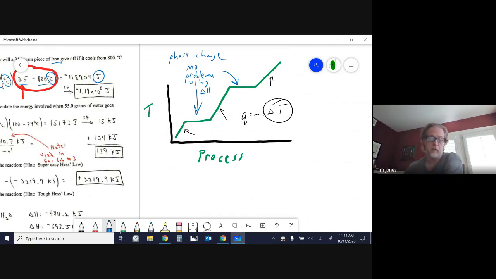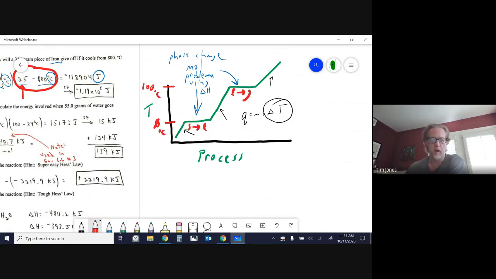In the case of water, under normal conditions, this temperature right here would be 0 degrees Celsius, and this one up here would be 100. Based on this would be solid becoming liquid, and this would be liquid becoming gas. And you need to keep these processes separate.